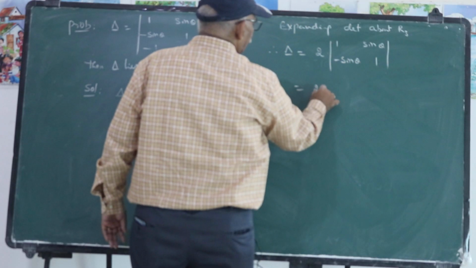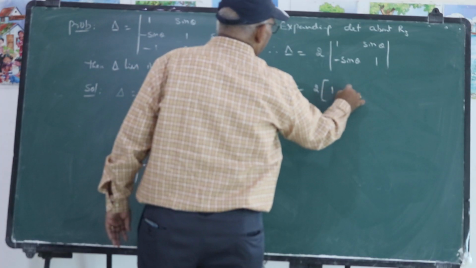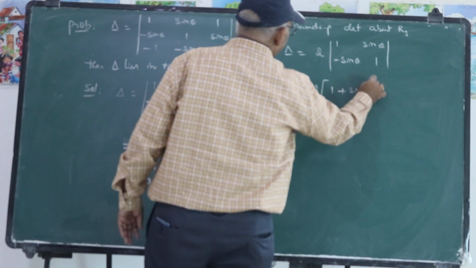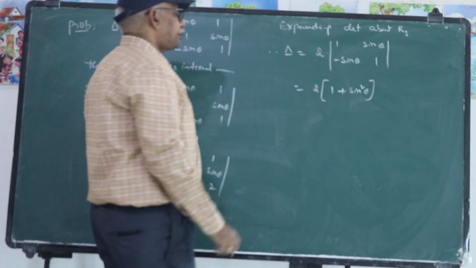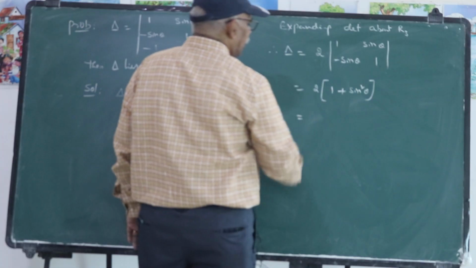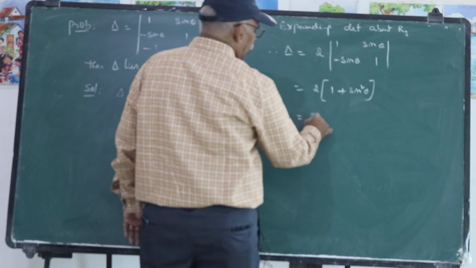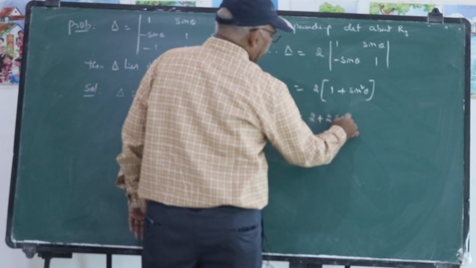That gives us 2 into 1 plus sin square theta, which is 2 plus 2 sin square theta.